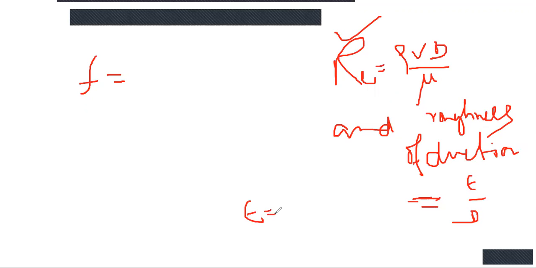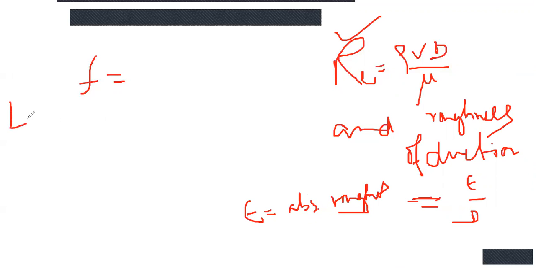Epsilon means absolute roughness. Okay. Generally, friction factor is calculated by some empirical relations. There are some relations between all these formulas.